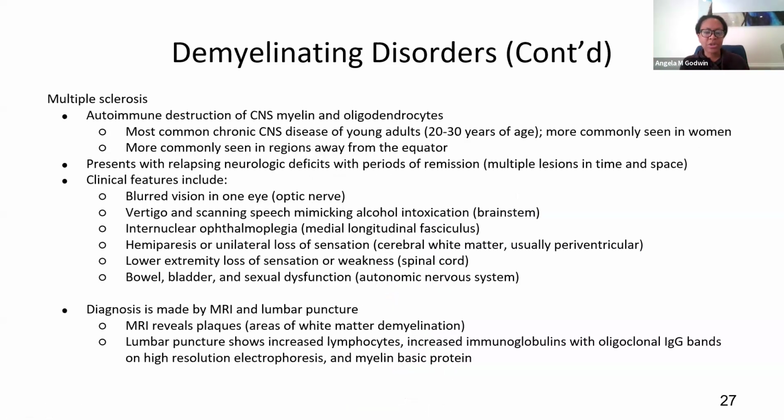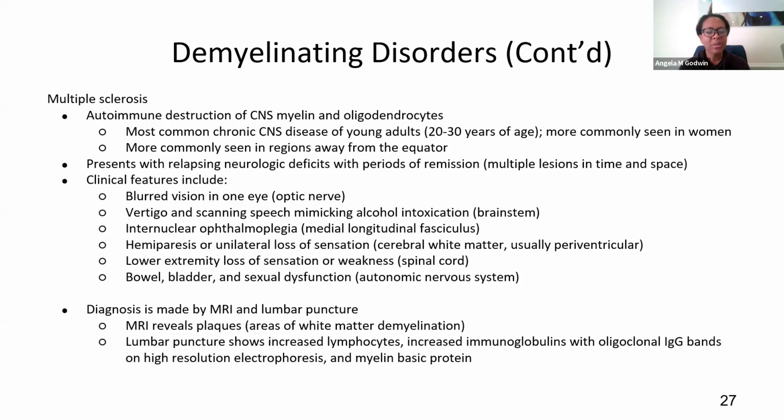So an autoimmune disorder where this demyelination happens is multiple sclerosis. It's specifically an autoimmune destruction of the central nervous system myelin and oligodendrocytes. It's considered most common in young adults between ages 20 to 30. My dental hygienist was diagnosed with that, so when I think about multiple sclerosis, I think of her.